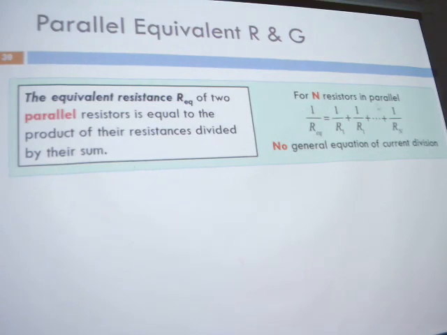So for n resistors in parallel, 1 over Req is equal to 1 over R1 plus until 1 over Rn. There is no general equation of current division, because for two we can get the relation like I1 equal to R2 over the sum times I. For two we can get it, but for three we cannot get this general equation. We have to calculate it by ourselves.